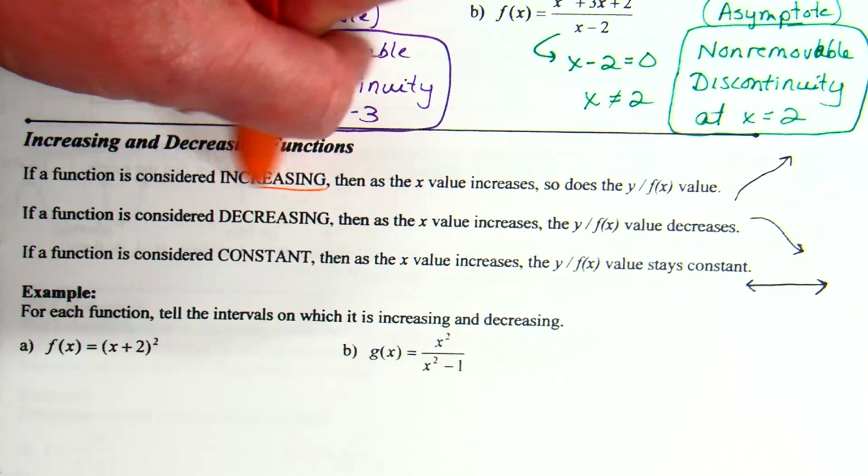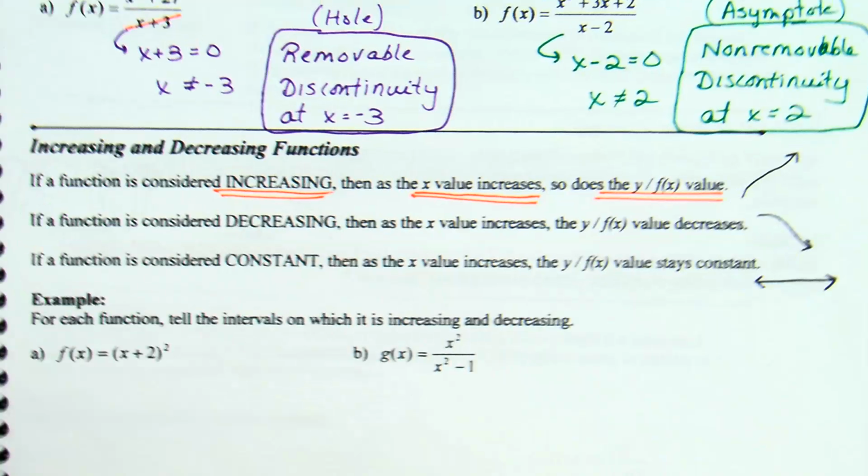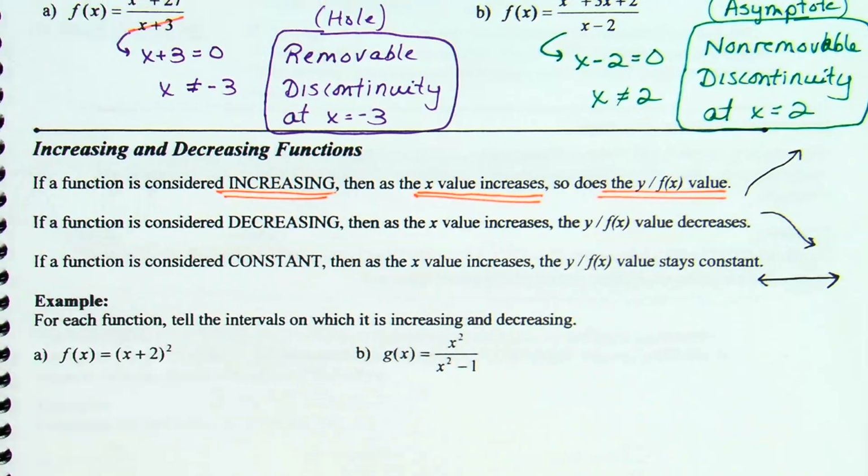What that's saying is as you move along the graph from left to right, as the x values increase, the y values are increasing. That means our graph is going to go up, kind of like a positive slope.